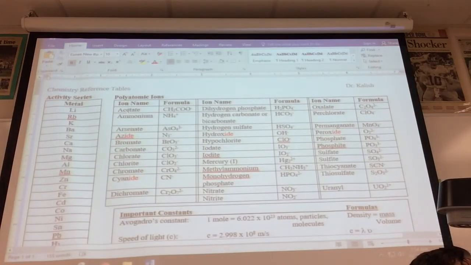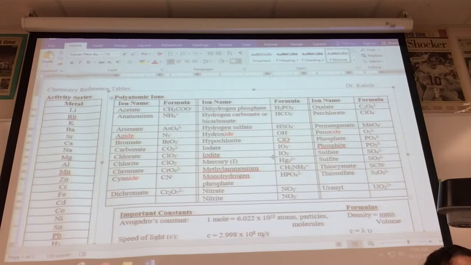For example, acetate ion, CH3COO minus, ammonium ion, NH4 plus. Most of these are anions, but there are a few cations. When we talked about the monatomic anions, such as sulfide ion, oxide ion, phosphide ion, chloride ion, what did they all end in?